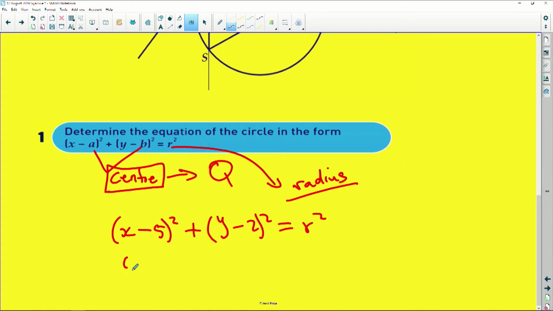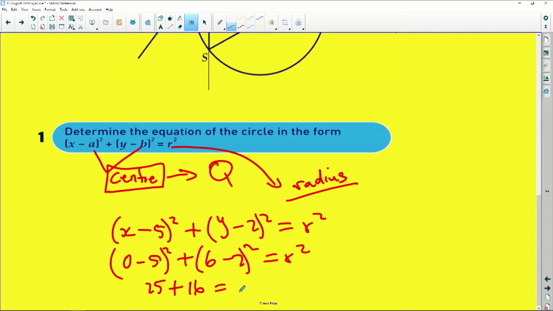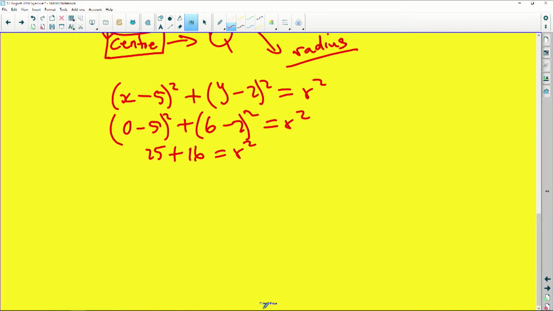So I will have 0 minus 5 all squared plus 6 minus 2 all squared is equal to r squared. So minus 5 squared is 25, plus 4 squared is 16, is equal to r squared.